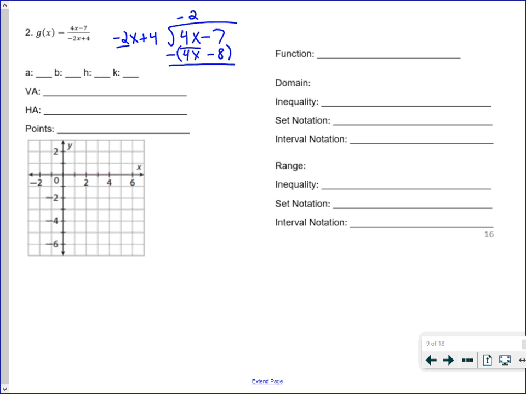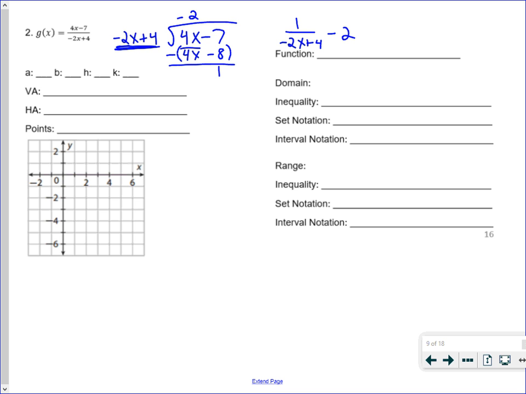Now we subtract the first polynomial with the second one. 4x minus 4x is 0, and -7 minus -8 is the same thing as -7 plus positive 8, or just a positive 1. So our remainder is 1, and we put our remainder all over our divisor. So we have 1 all over -2x plus 4, plus our quotient, in this case, -2.